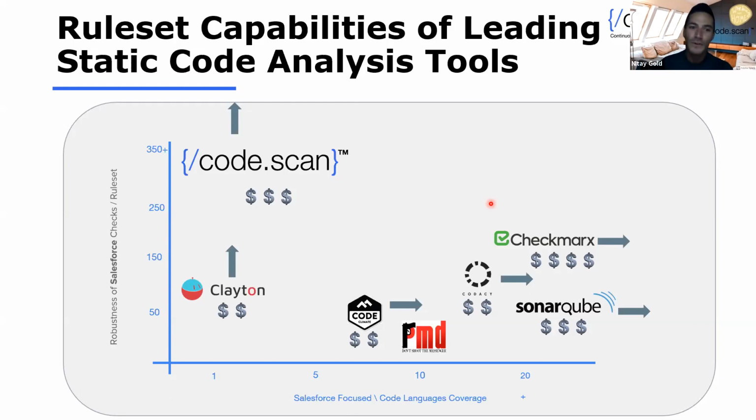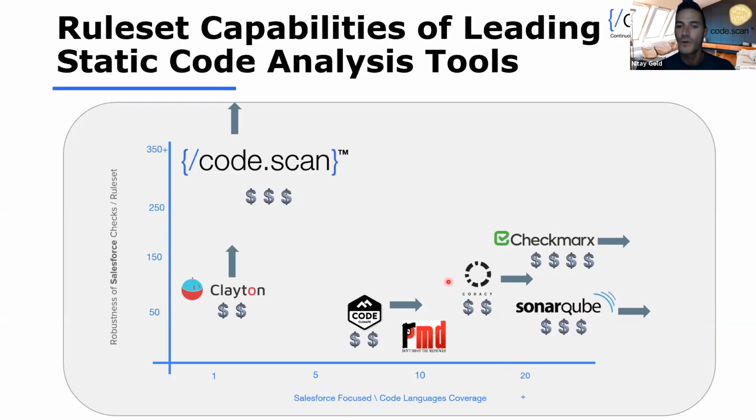And Salesforce or Apex within that static code analysis tool is even smaller than the other things they do. So Checkmarx is providing static code analysis for many languages, and Salesforce is just a small thing there. They are moving towards having more languages in the static code analysis tool. So they are not going deeper into Salesforce, they're going wide into other languages.